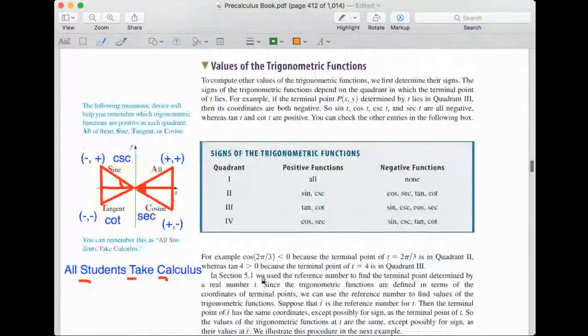We have 4 triangles in 4 quadrants to work with. In each quadrant, the sine, cosine, and tangent values are different. One thing that helps us remember is "All Students Take Calculus." All means the first quadrant, where every trig function has a positive value, because x is positive, y is positive, and the hypotenuse is positive.